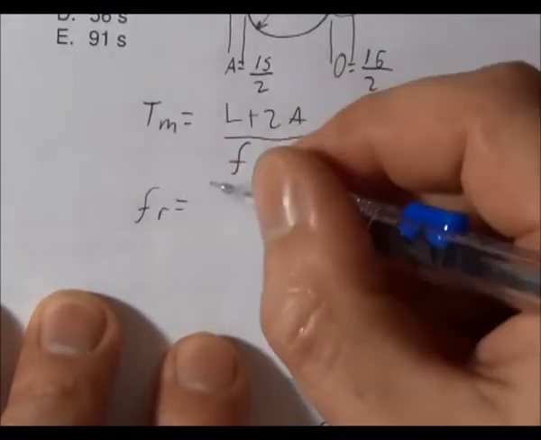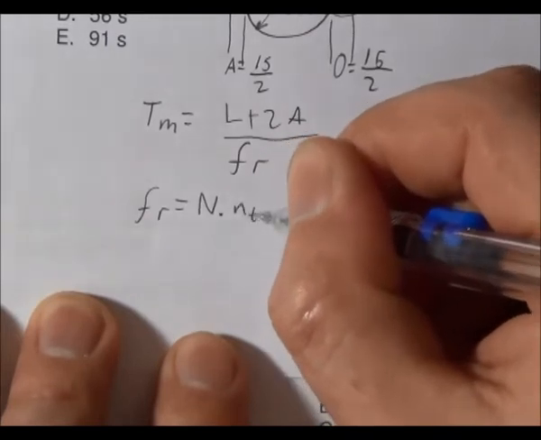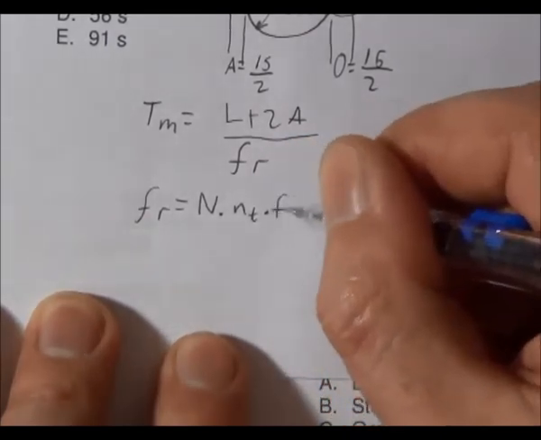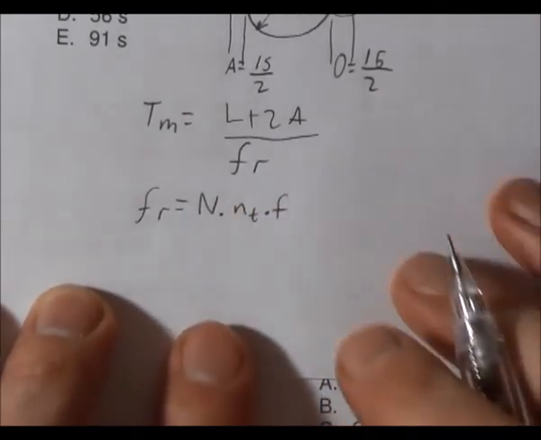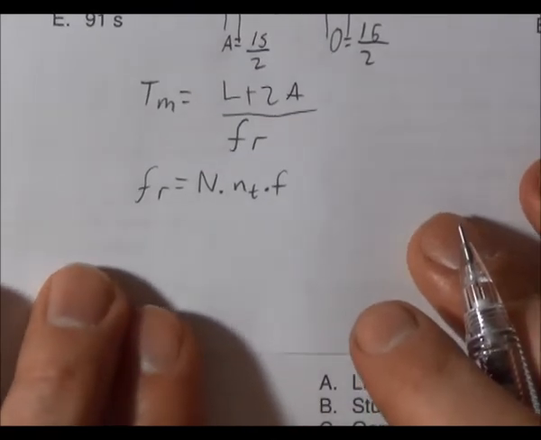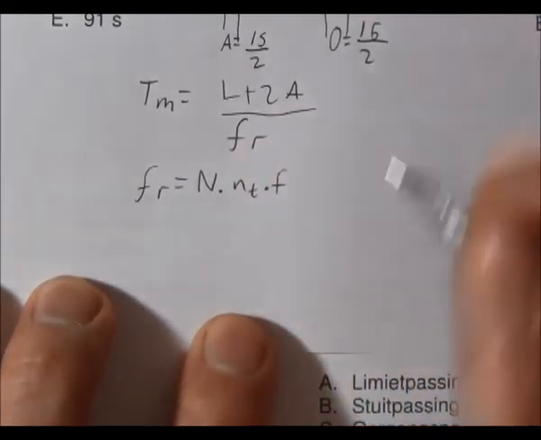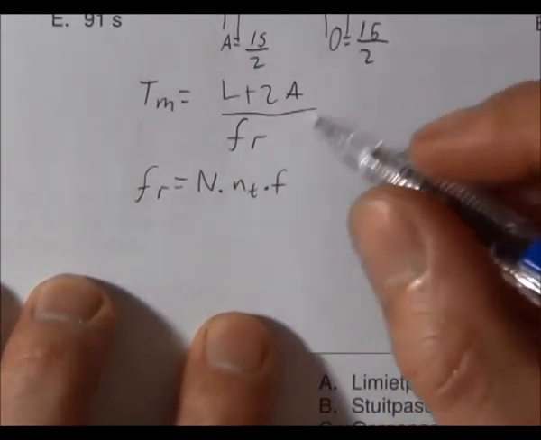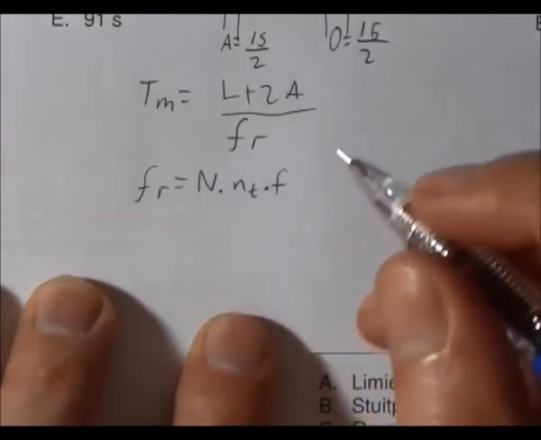FR is equal to N, rotational speed, times the number of teeth, times the chip load. And my rotational speed I need to determine with an equation similar to the previous problem. N is equal to V over pi d.